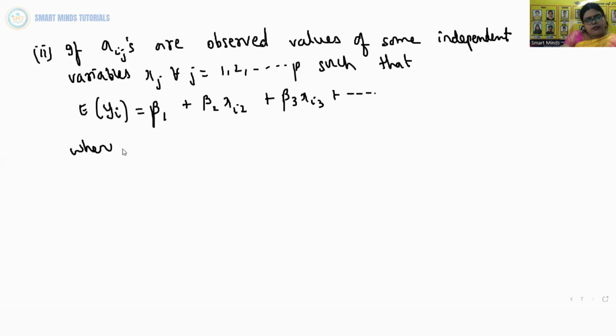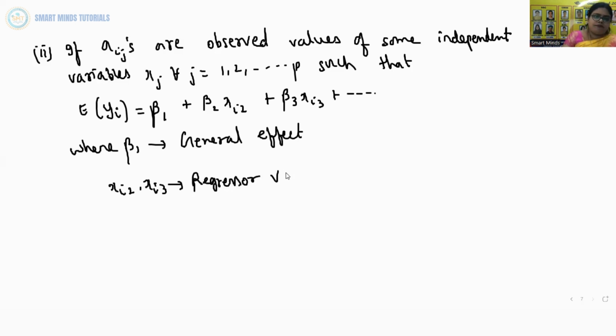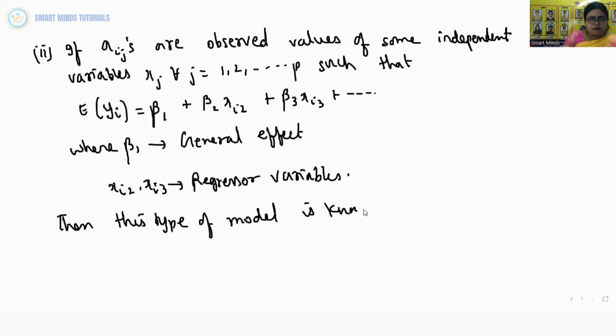Where beta 1 is the general effect, and xi2, xi3 are regressor variables. Then this type of model is known as regression model.